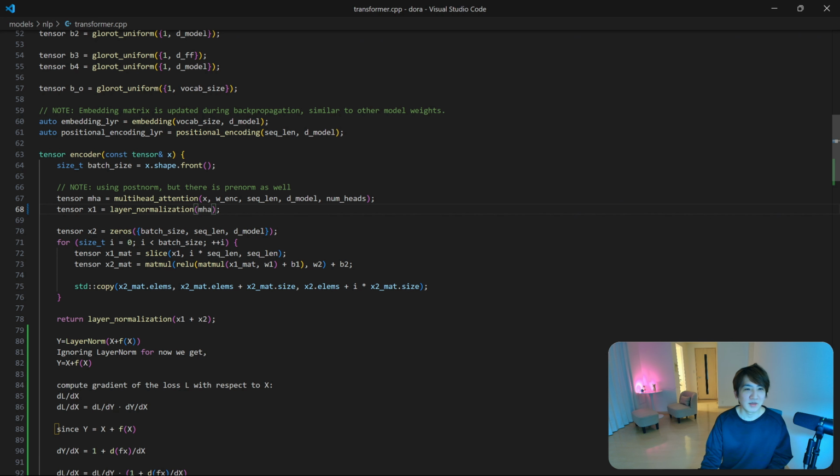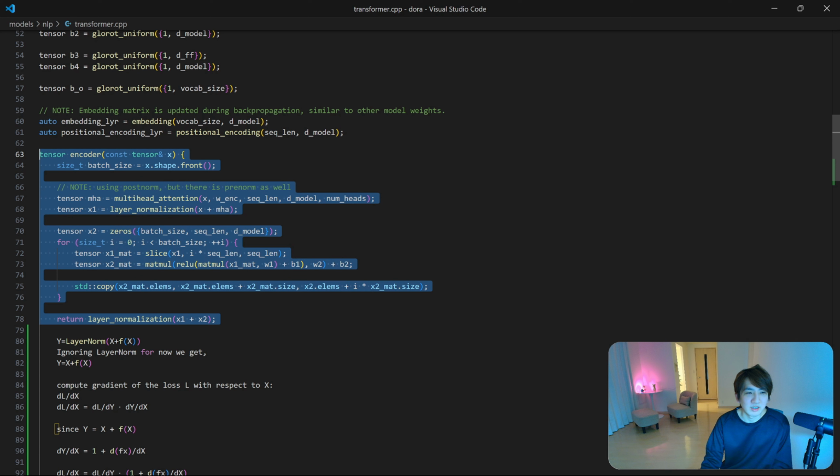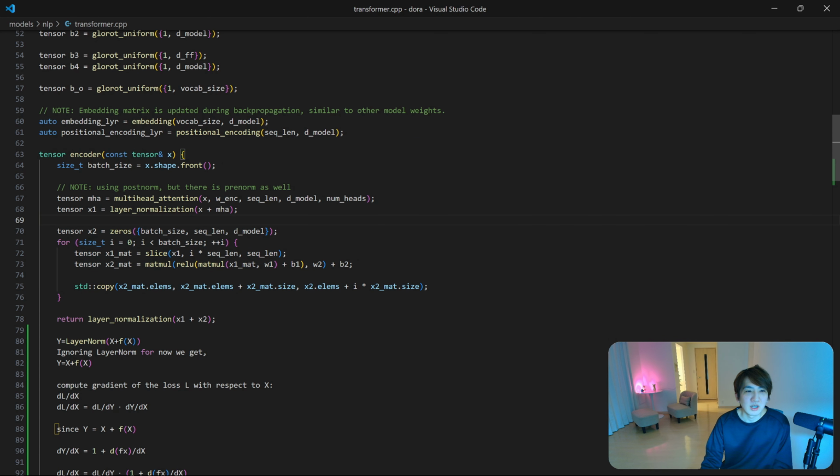So by adding output from the previous layer, which is input to the current layer, to output from the current layer, which is this one, the model would be able to preserve information from previous layers, and so it would allow the model to refine already known representation of the input rather than relearning everything from scratch.